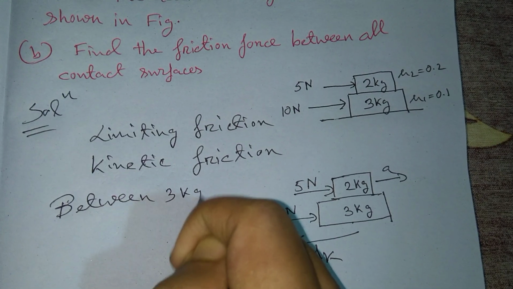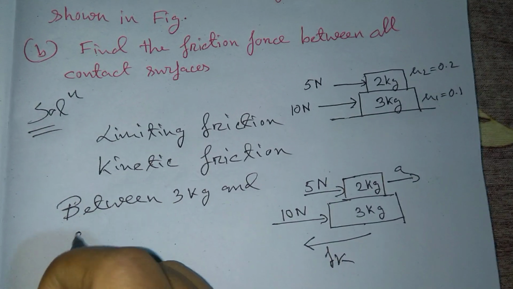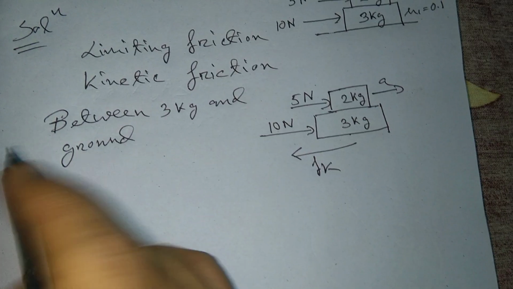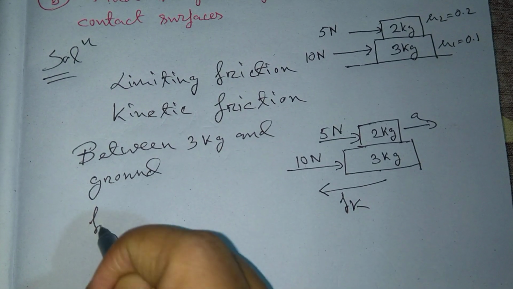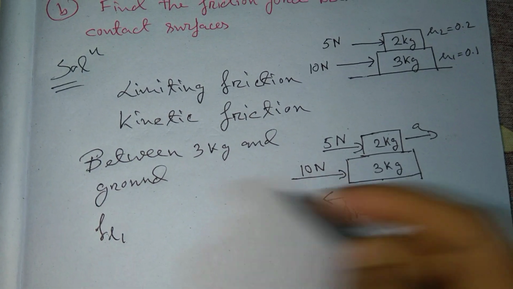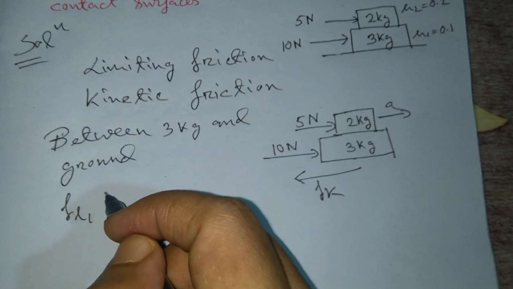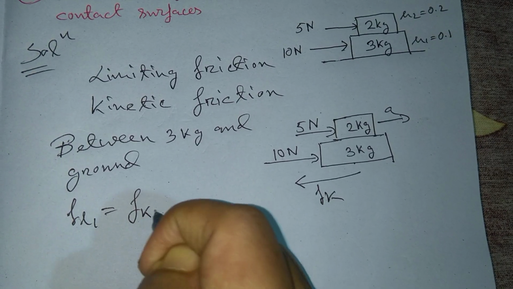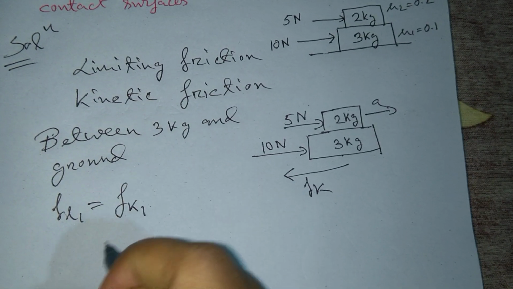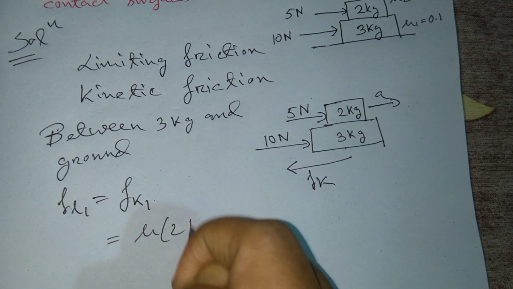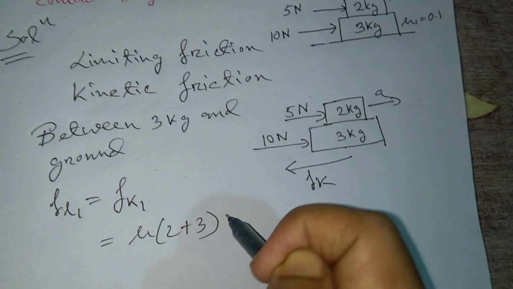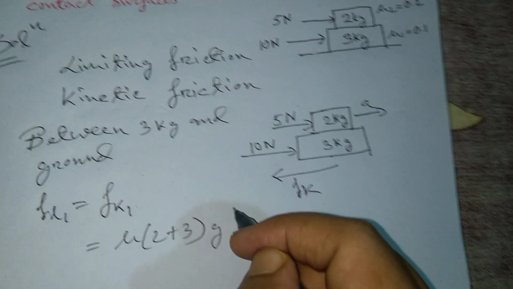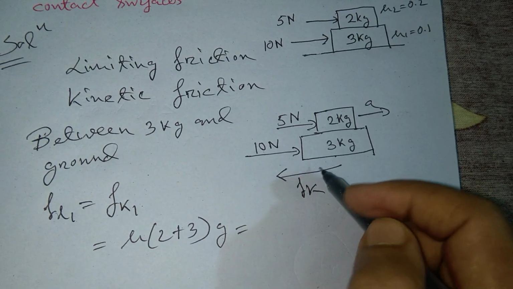Between the 3 kg and the ground, what happened? We get limiting friction FL1 equal to kinetic friction Fk1, equal to mu into (2 plus 3) g.